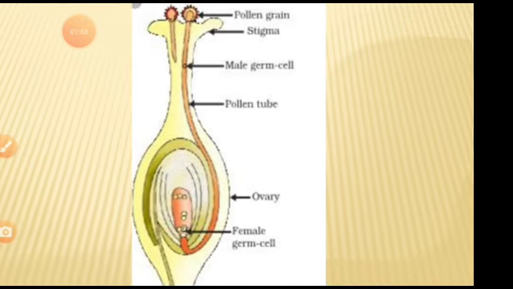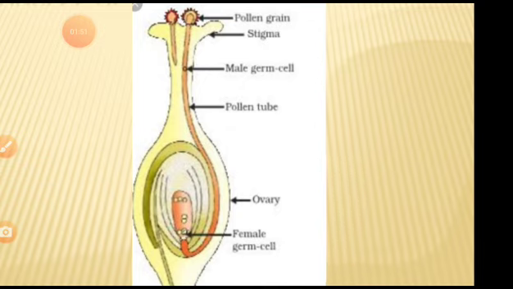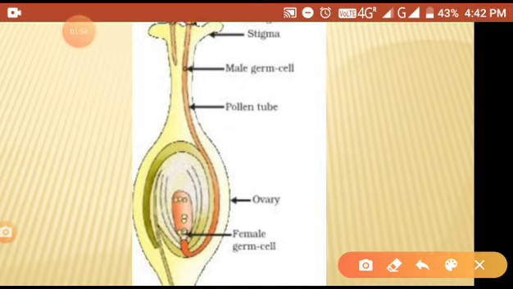After reaching the stigma, this is the stigma, you know very well, this pollen grain develops a pollen tube which carries a male cell on its tip. The pollen tube travels through the style and reaches the ovule inside the ovary.